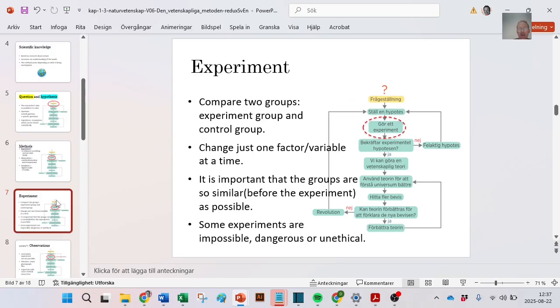And in biology, or physics or chemistry, if you have two groups of people, for example, if you want to examine something about the human body, you should always, when you test your hypothesis, have an experiment group and a control group, to see that it's actually the factor of the hypothesis that makes a change, that there's one variable that is different between the groups.